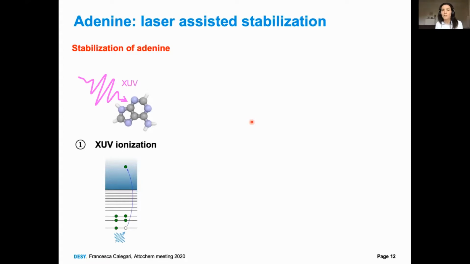So just to summarize the interpretation we have given to this process: it is based on an electronic correlation effect, as was explained by Frank before.